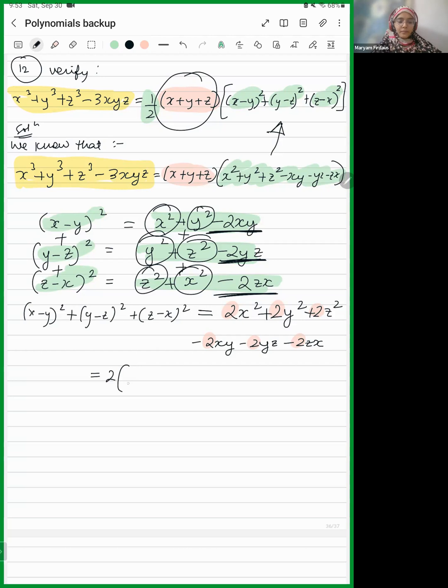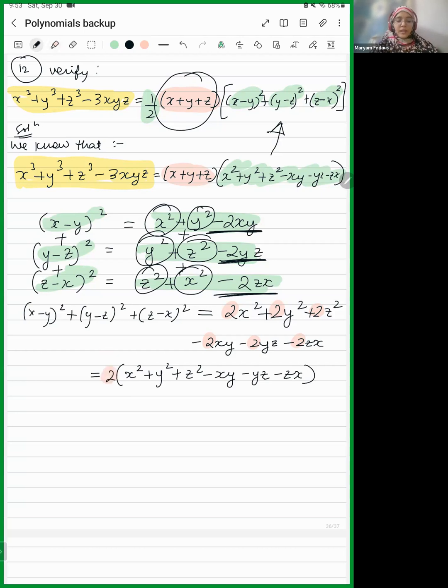Yes. So now it becomes x square plus y square plus z square minus xy minus yz minus zx. We have taken the 2 as common.